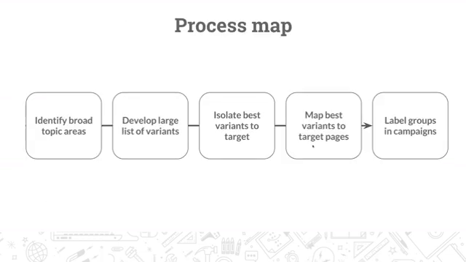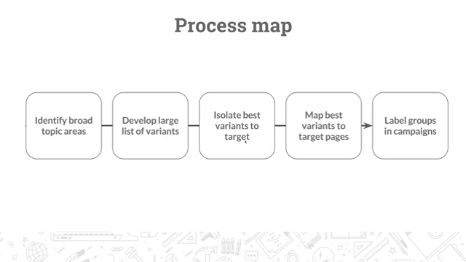So we're going to dive into scaling the keyword research process by looking at it from this standpoint. This is the first thing that we've done so far. Identify broad topic areas. So those would be each one of the cells within that matrix. And then we'd use list features to develop a large list, 400 to 500 keywords of all those different variants.